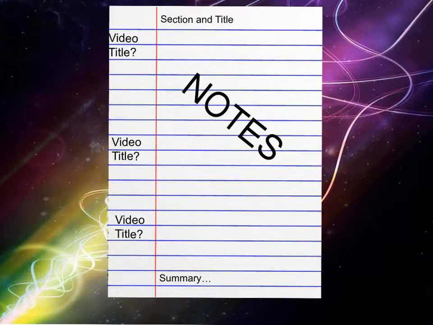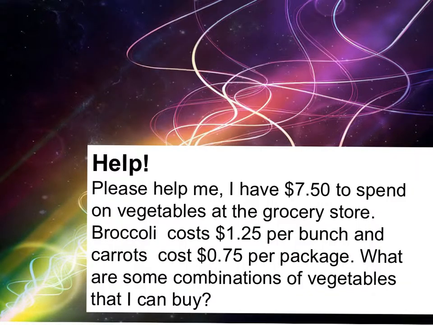Here's a reminder of how your notes should be set up to take notes from this video. Let's go over this example. Please help me. I have $7.50 to spend on vegetables at the grocery store. Broccoli costs $1.25 per bunch, and carrots cost 75 cents per package.